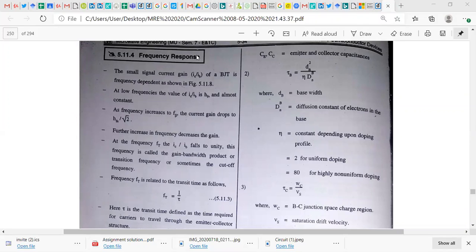Gain bandwidth product of BJT is always constant and is having value equal to unity. It is always equal to 1.